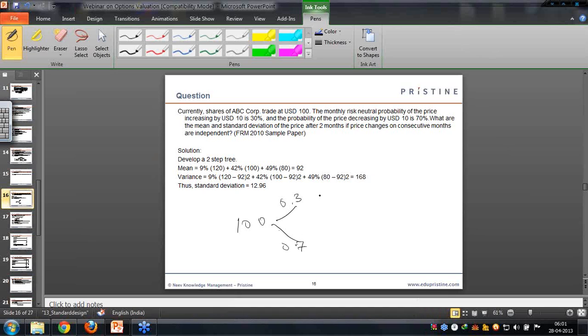For the price to increase or decrease, this will be 110 and this 90 here. Again we have 0.3 and 0.7. It will be 120 here, 100 here, again 100 here, and 80 here.